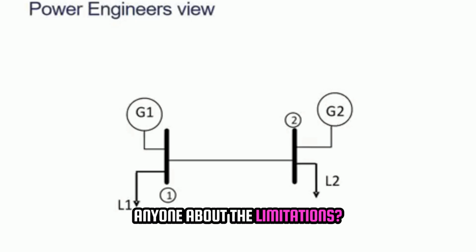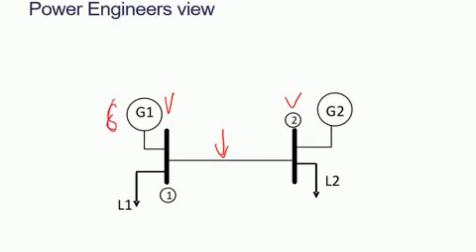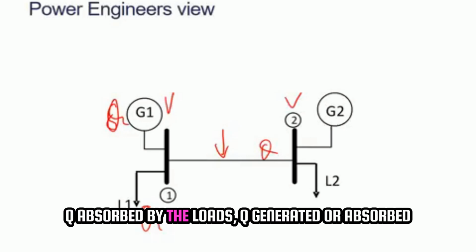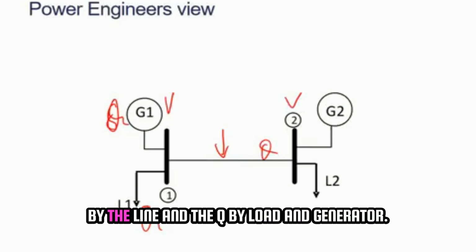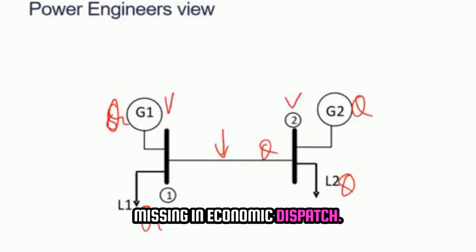There are three limitations specifically. Yes, good. One is the line flow limit. Then voltage, and the Q injected by the generators, Q absorbed by the loads, Q generated or absorbed by the line. So these three are the main factors which are missing in economic dispatch.